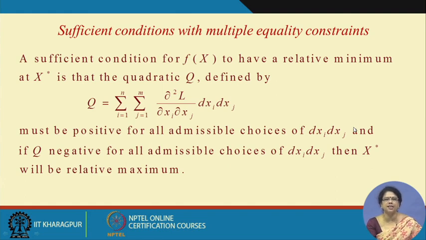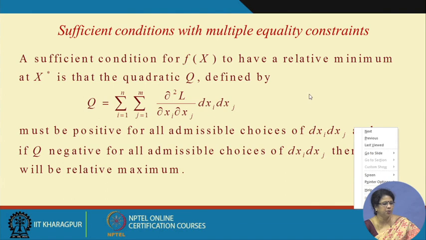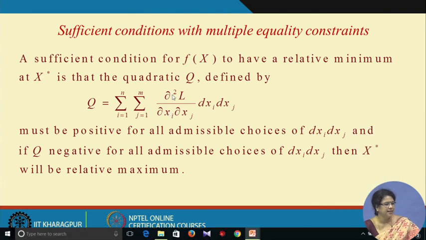Now, the sufficient condition again comes from the Hessian matrix of L. The Hessian matrix can be written in a quadratic form Q very nicely like this: the summation of del 2L by del xi del xj dxi dxj, with i from 1 to n and j from 1 to m.